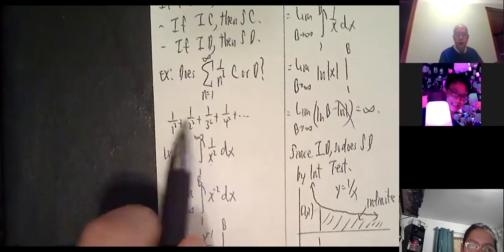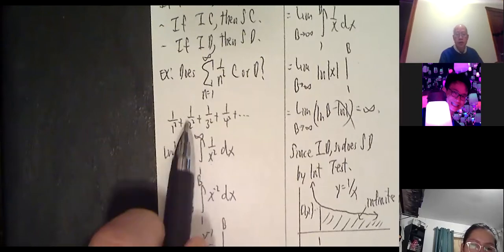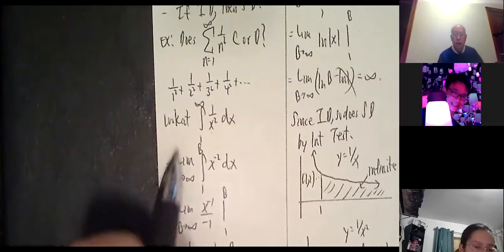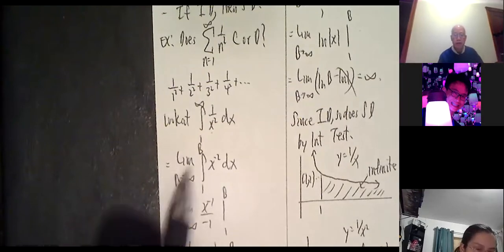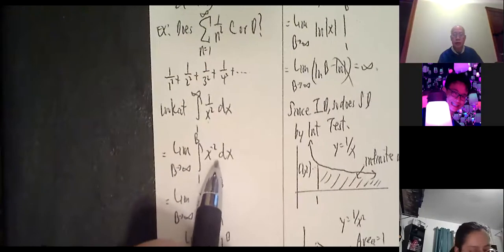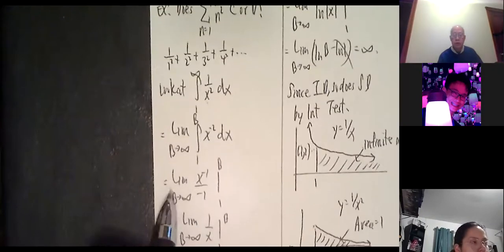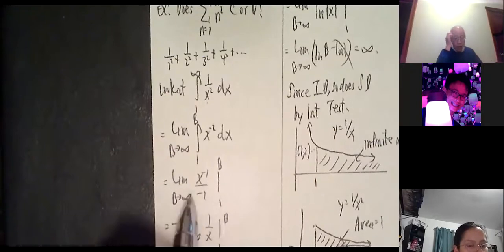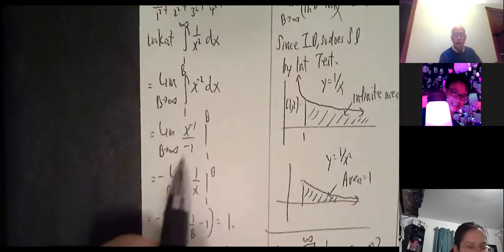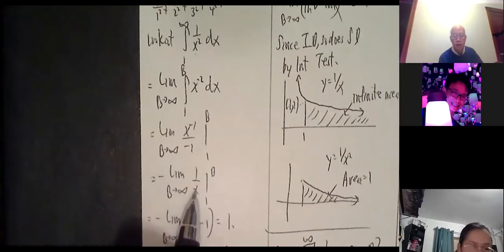If this converges, this converges. If this diverges, this diverges. You might recall how we did that. Replace it with the limit as b approaches infinity of the integral from 1 to b of x to the minus 2 dx. So the limit as b approaches infinity of x to the negative 1 over negative 1 from 1 to b. Take out the negative, write that as 1 over x.